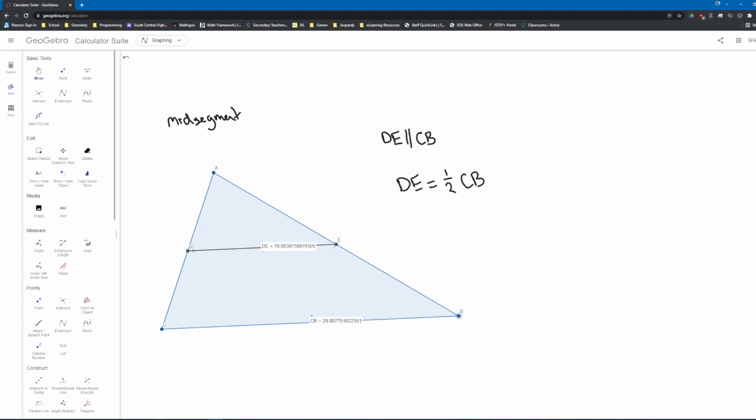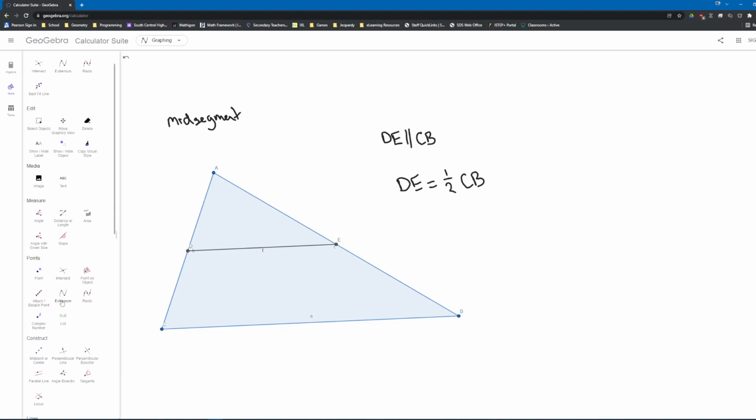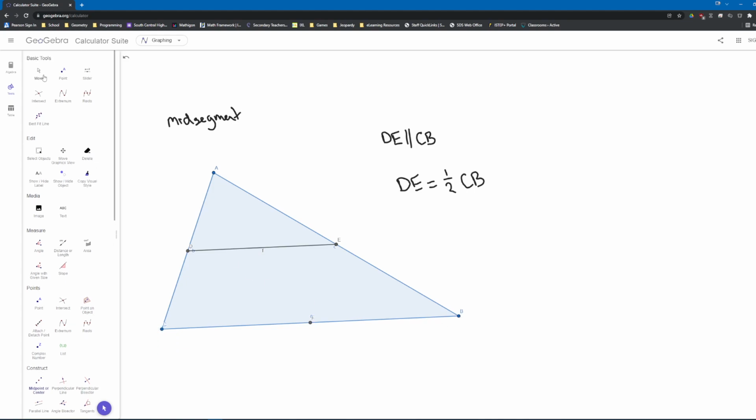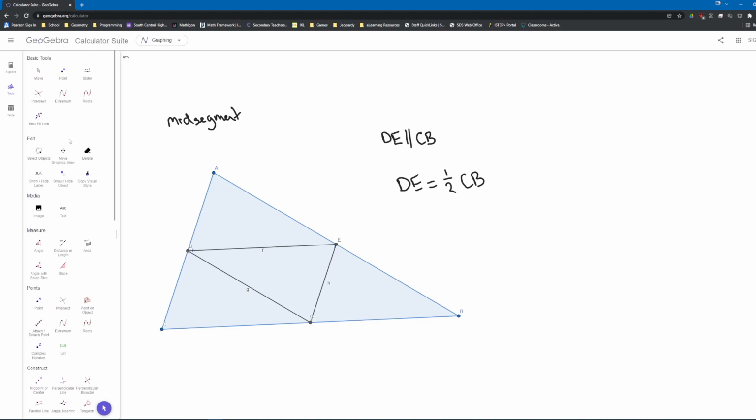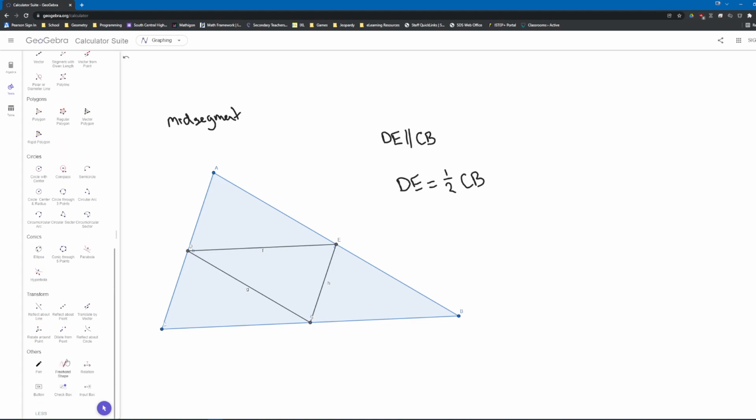So that's when dealing with just one of my mid-segments. I can also construct the other midpoint of my triangle, and then we'll connect all of these midpoints together. So when we do this, we've formed what is known as a mid-segment triangle.